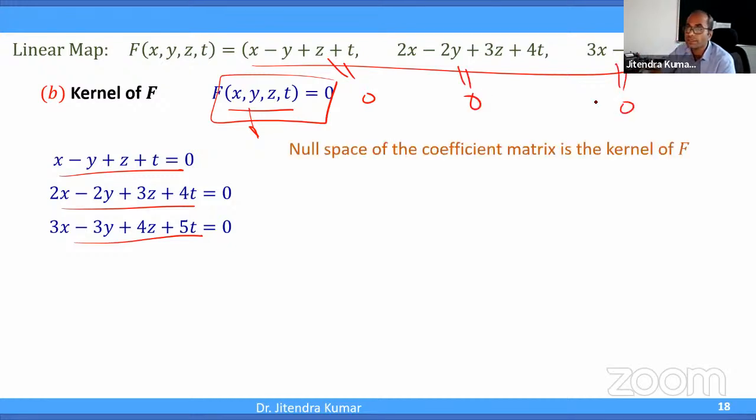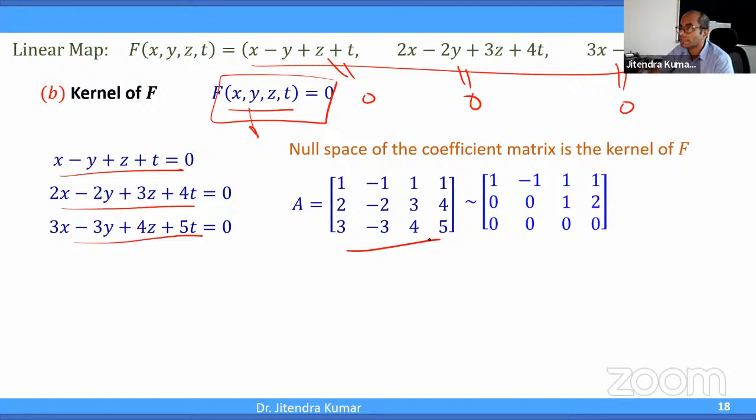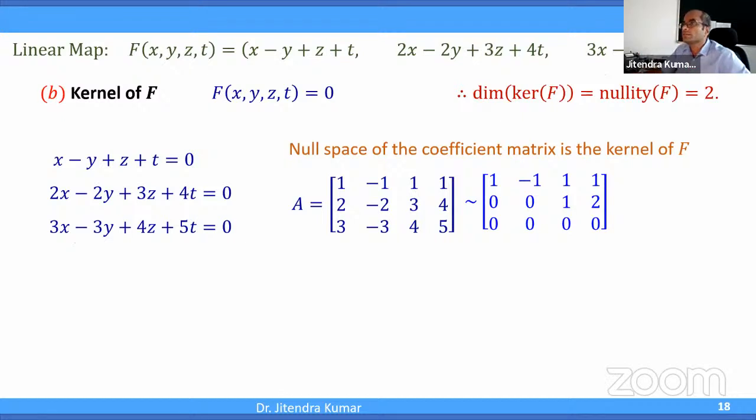We have a system of linear equations with this matrix A, and we reduce it to echelon form to see what the solutions are. By the rank nullity theorem, the dimension of the kernel of f, the nullity of f, is equal to 2, because we have only 2 pivot elements.